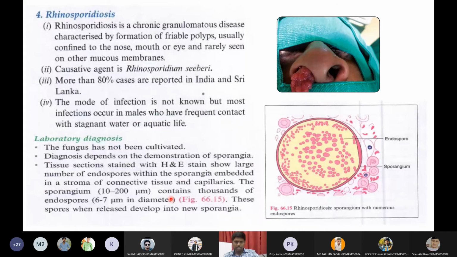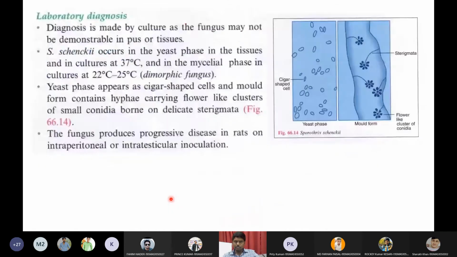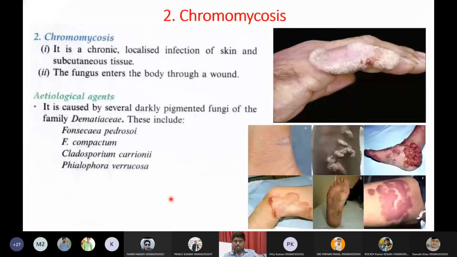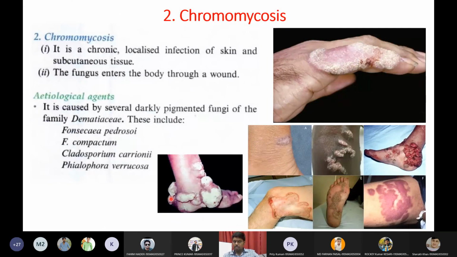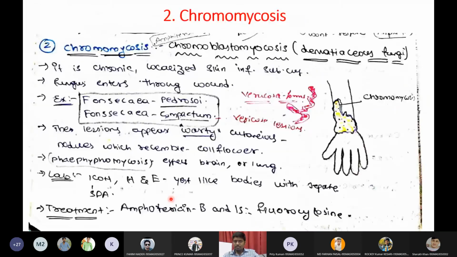So this is all about the subcutaneous mycosis. A quick revision. In today's lecture, we discussed chromomycosis. Chromomycosis is a chronic localized skin infection of the subcutaneous tissue. It is caused by Fonsecaea pedrosoi and Fonsecaea compacta. This will cause cauliflower-shaped tumors on the surface of the skin.